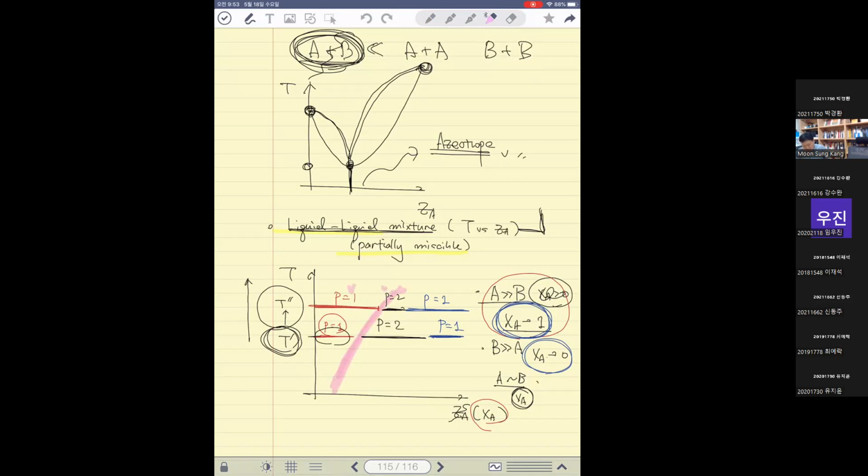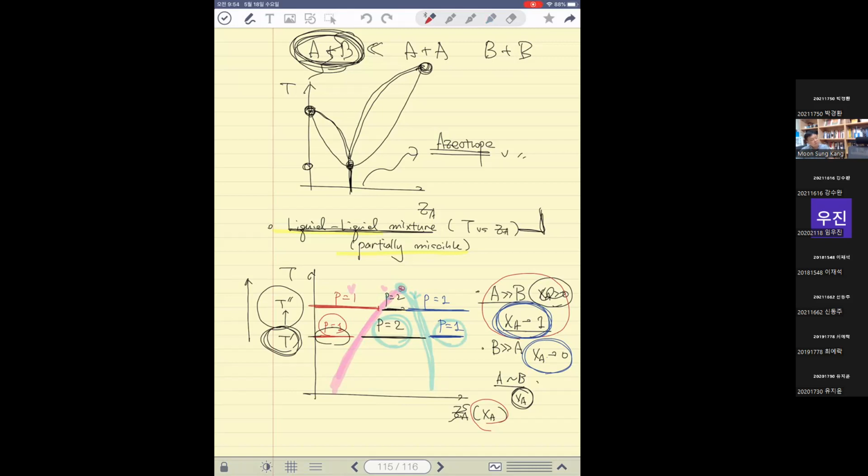I'm going to draw this in a pink curve, and there should be another boundary here that separates the two-phase regime between immiscible mixture and well-mixed single phase mixture, right? So you should be able to draw a phase diagram that looks like this. And this curve and this curve might meet at a single point.